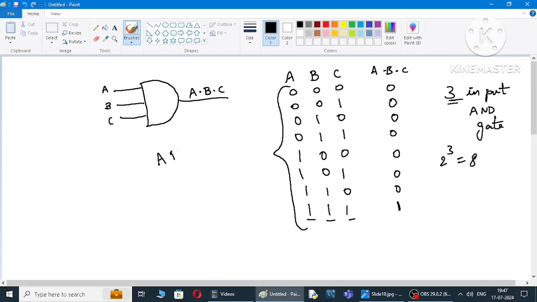Suppose there are 4 inputs A, B, C, D: 2 power 4, that is 16 input combinations. So you have to put 16 rows of input combinations and show what the output will be. Only if A, B, C, D, all 4 are 1, the output will be 1. So this is how an AND gate works.